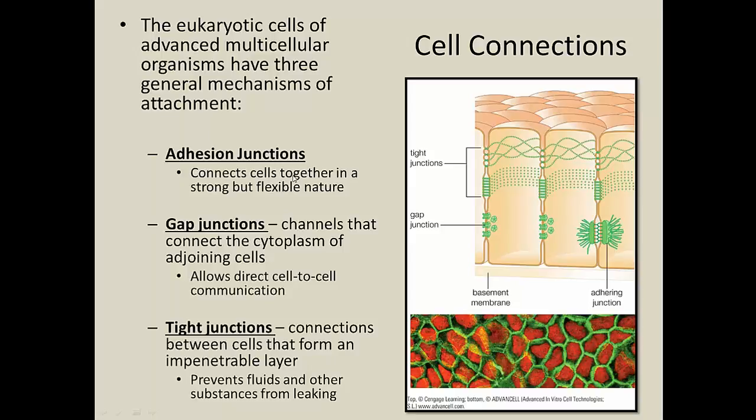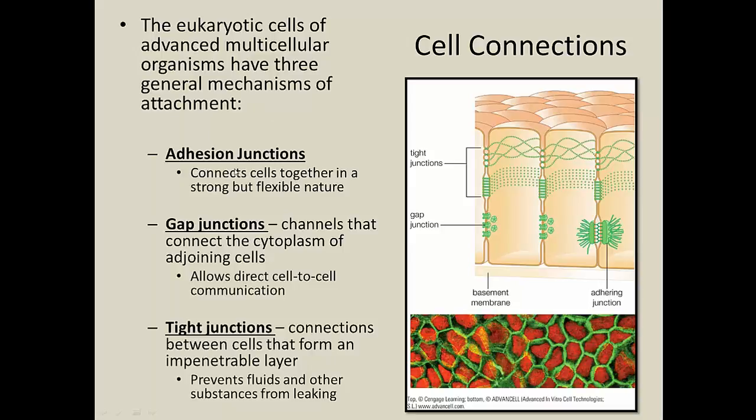Eukaryotic cells can join together to make tissues, and tissues can join together to make organs, and by joining together, eukaryotes can become more complex, working from single-celled up to multi-celled organisms, and then from small multi-celled organisms to large multi-celled organisms.